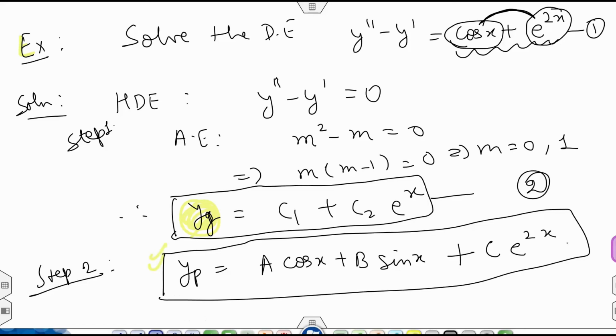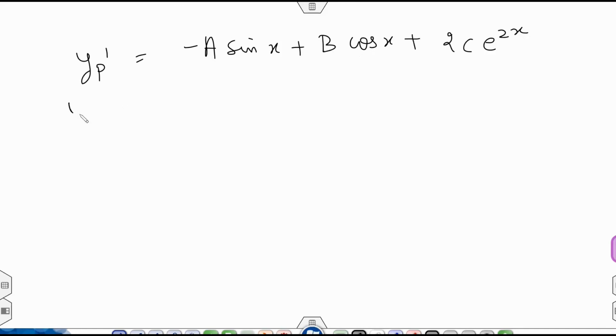Therefore we will now find yp dash. So yp dash will be equal to minus a sin x plus b cos x plus 2c e to the power 2x. And what will be our yp double dash? It will be minus a cos x minus b sin x plus 4c into e to the power 2x.